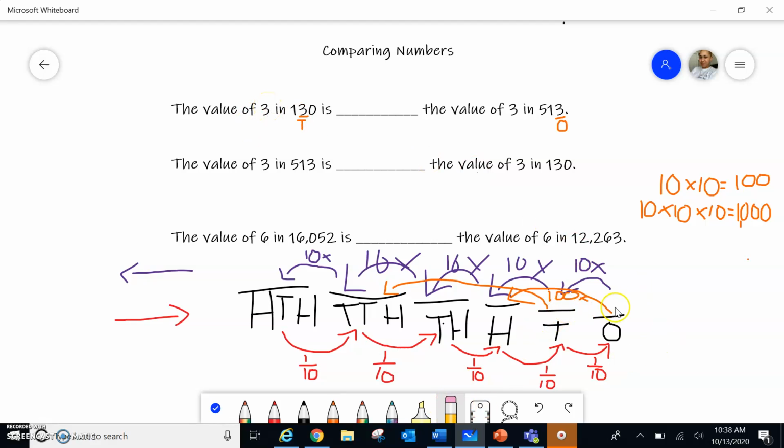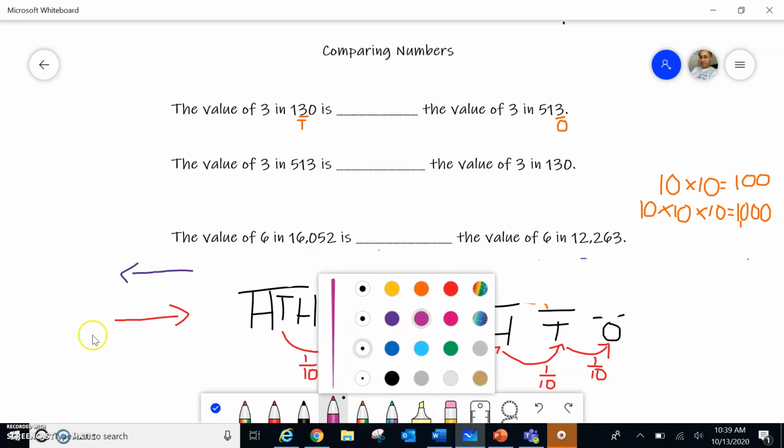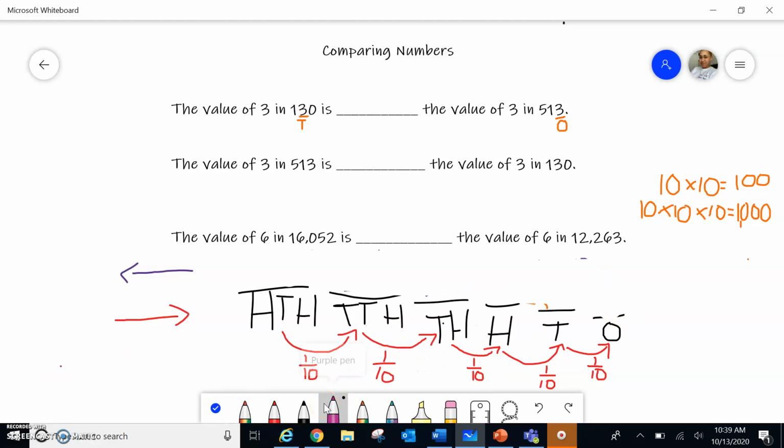So I'm going to kind of erase some of this. So we just said as we move to the left, we're getting 10 times larger, right? So I'm at the tens place, and I'm comparing it to my ones place.